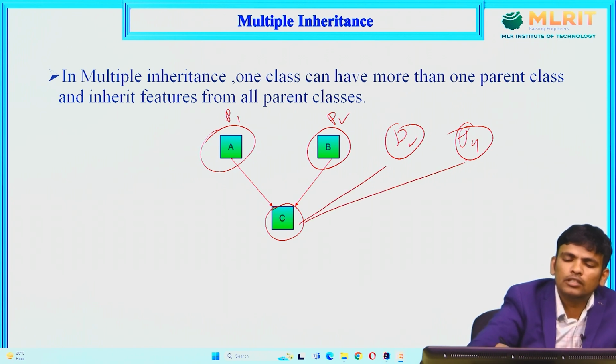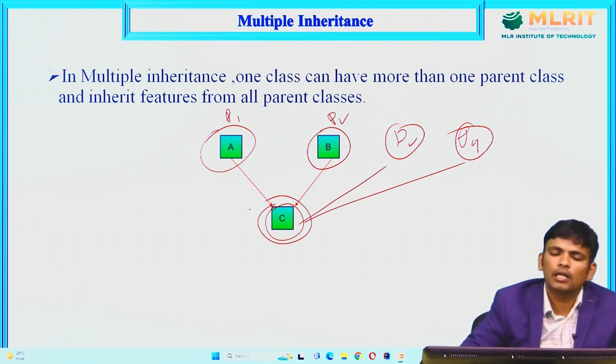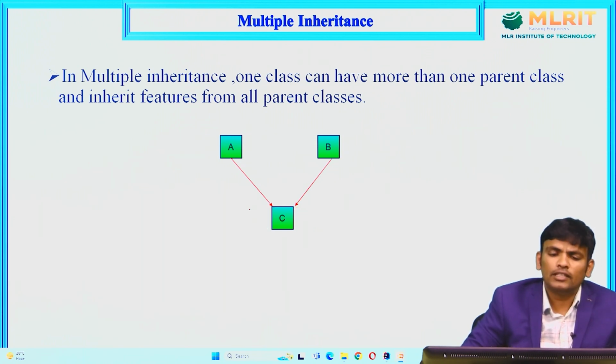As per the definition of multiple inheritance, deriving one single child class from multiple parent classes is nothing but the multiple inheritance. And as I mentioned, multiple inheritance is not possible with Java classes, and with interfaces we can achieve multiple inheritance.